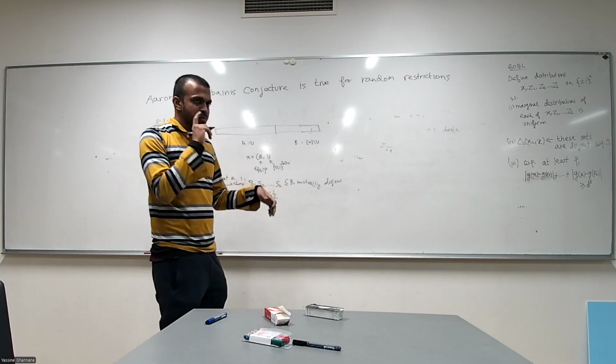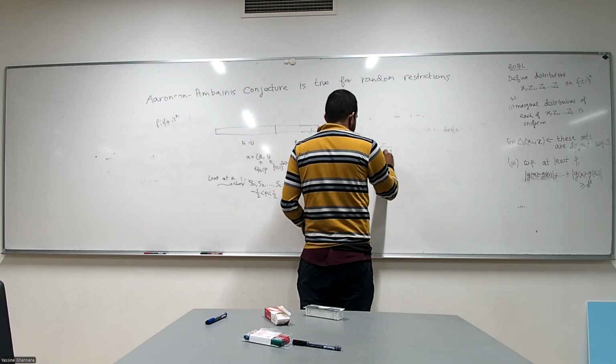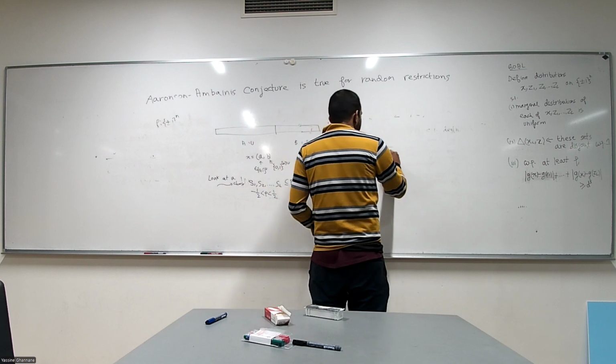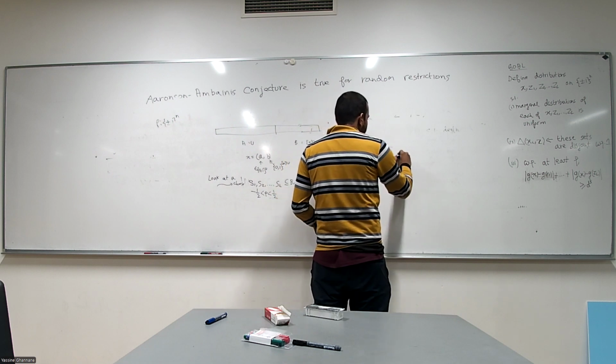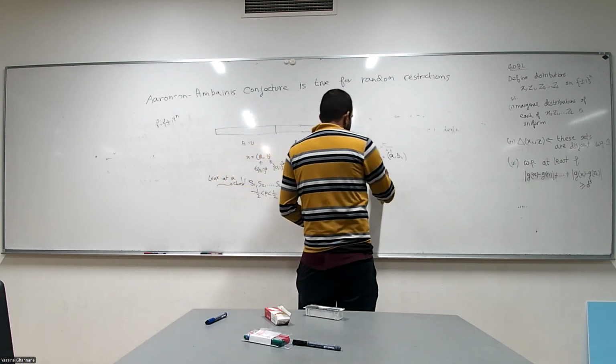Now I'll define how you sample Zi. So Z1 is sampled as follows. For Z1, the A part will be the same, and the B part will be replaced by B1, which is defined as follows.